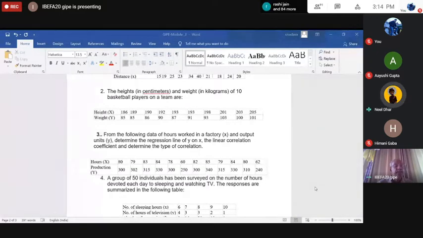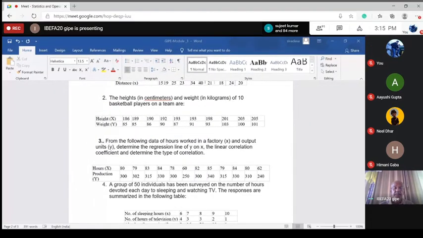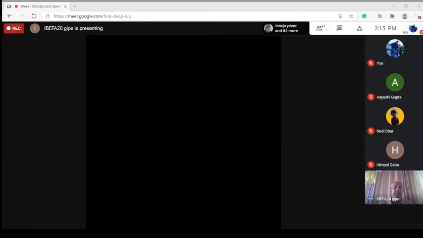Run a regression on question 2 and 3 or only 2? Only two. Y on X. Everybody should work. Sir, could you please keep the question paper on the screen?